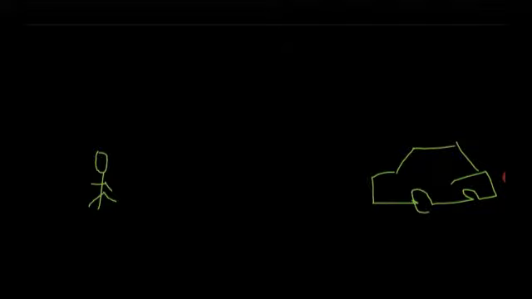I can't draw actually, okay. I'm drawing as fast as I can. When the person sees the car from far, he can see that the car is actually not here. The car is actually floating in the air.